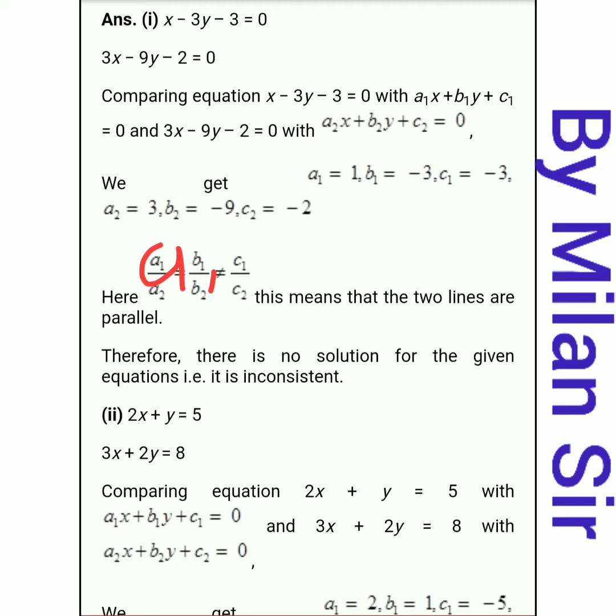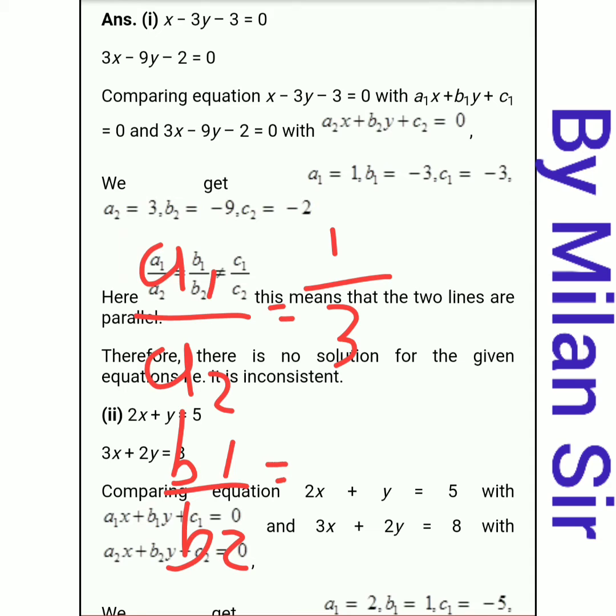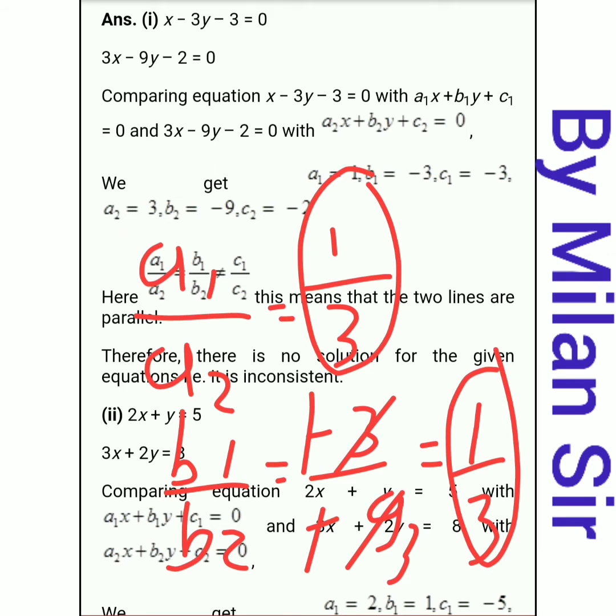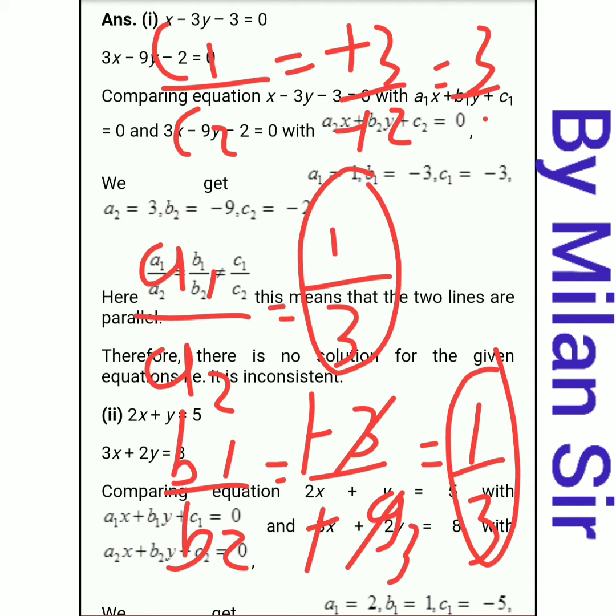Now a1 upon a2: a1 is equal to 1, a2 is equal to 3, so 1 upon 3. Then find b1 upon b2: b1 is equal to minus 3, b2 is equal to minus 9, minus minus cancel, 3 3s are 9, so 1 by 3. That means a1 upon a2 is equal to b1 upon b2. Now check c1 upon c2: minus 3 upon minus 2, minus minus cancel, 3 by 2.